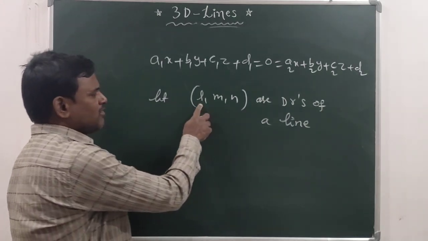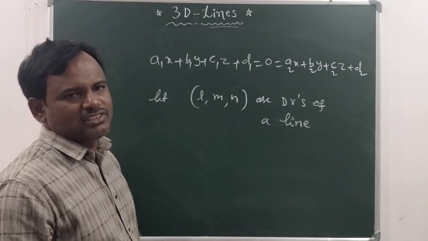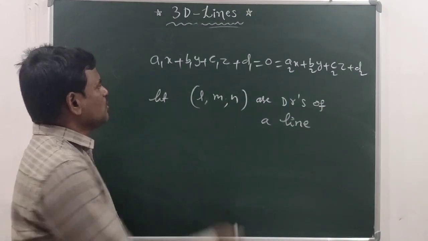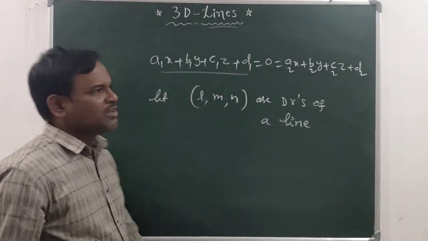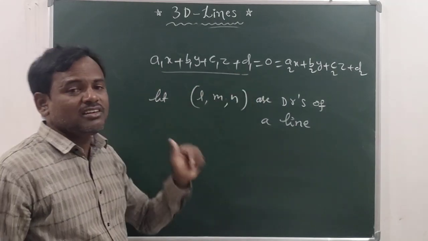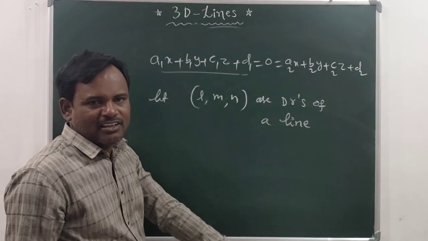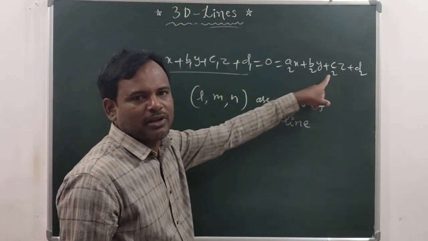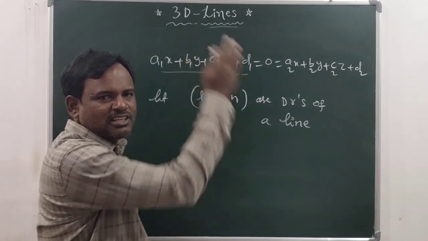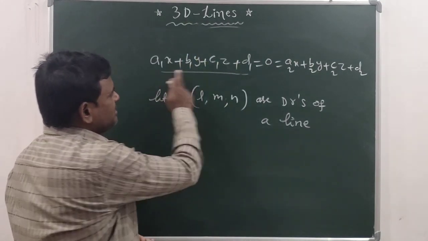So here, what are l comma m comma n? DRs of this line. So this is a plane. This total combination is a line, but this is one plane, this is one plane, whose point of intersection forms a 3D line. So here this is a plane.